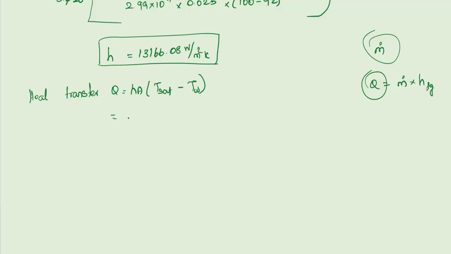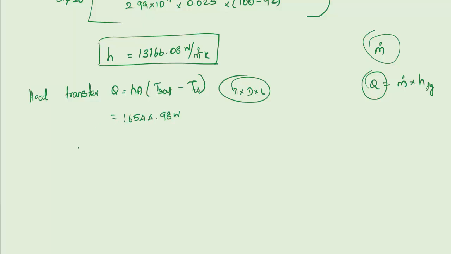Here the area is pi d l, the surface area, because it is a horizontal tube. So substitute all the values, you will get 16544.98 watts, that is 16 kilowatts.